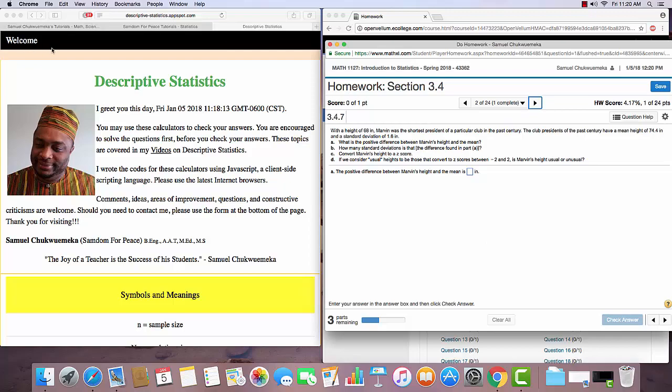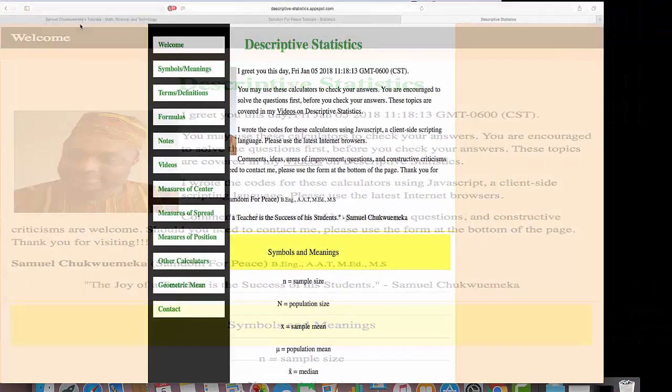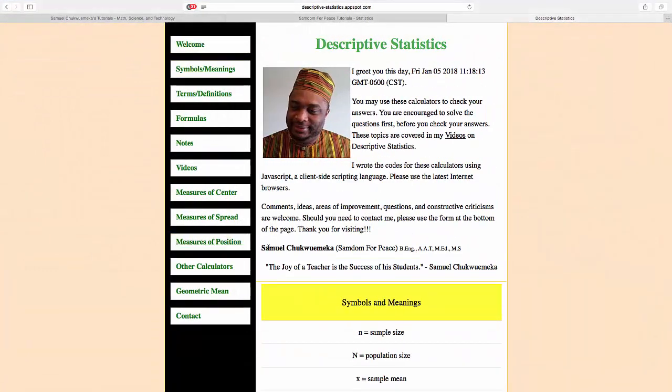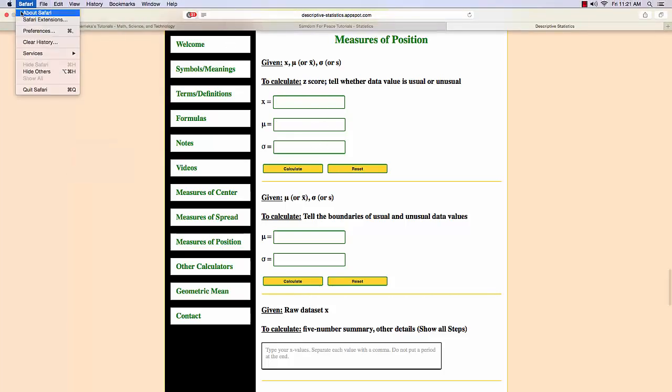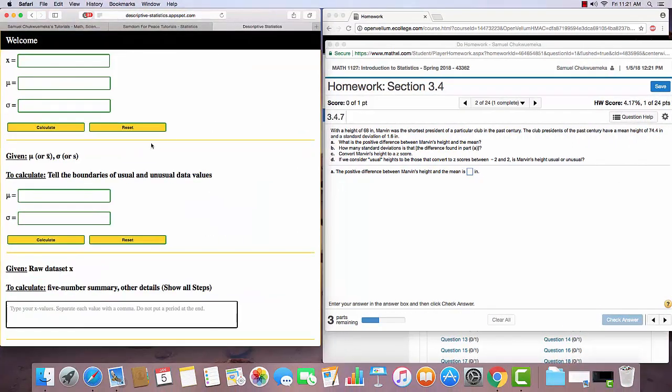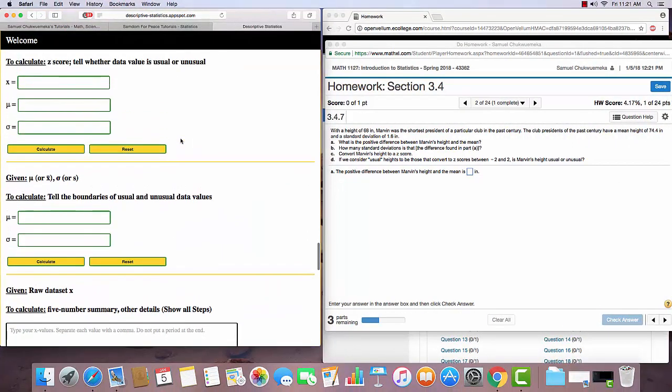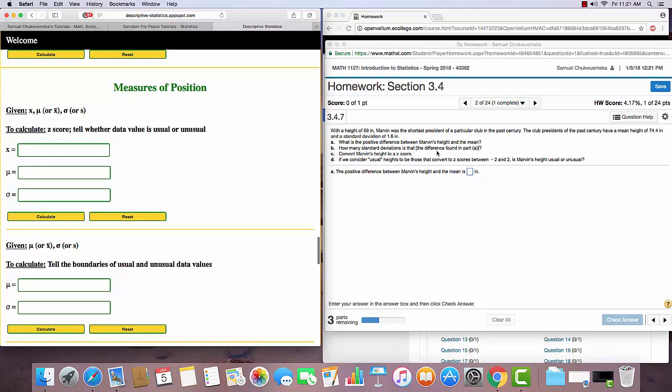So I'm going to come here, let's expand this, and I'm going to look at the measures of position. I'll click here, measures of position, and this is the calculator that I will use here. Some questions we are going to use my calculator, and some questions we shall use Statcrunch.